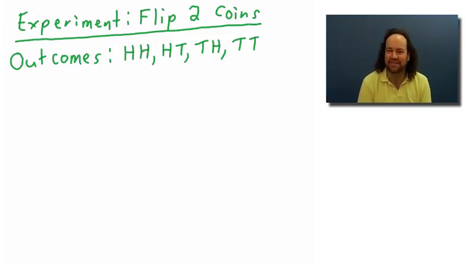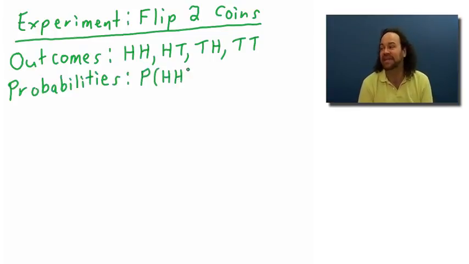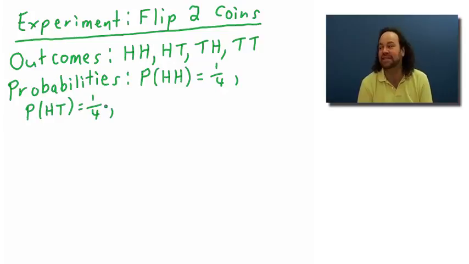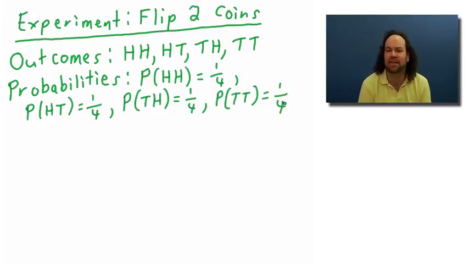Now in this case, because the coin is symmetric, it's equally likely to come up heads or tails each time, we can say that each of these 4 possibilities has equal probability, probability 1/4. So we can say the probability of heads heads is 1/4, and the probability of heads tails is 1/4, and so on. So now we know the possible outcomes and the probabilities.